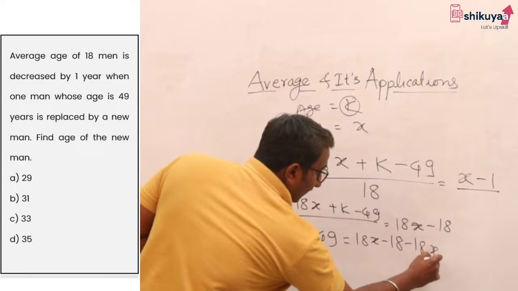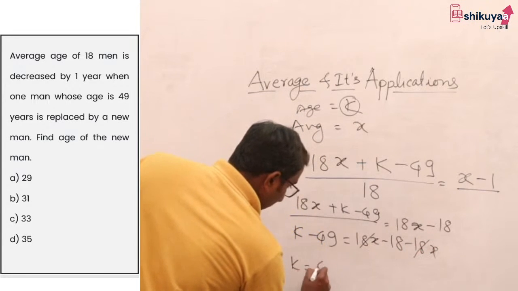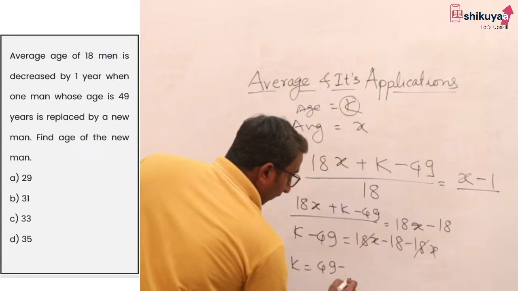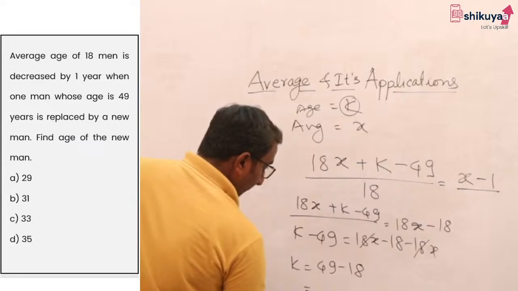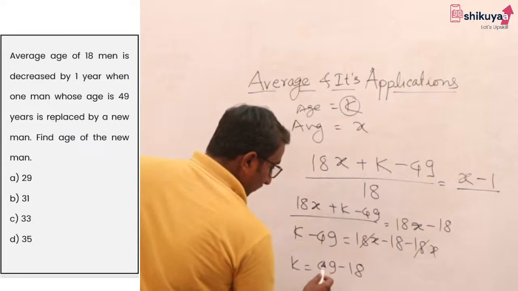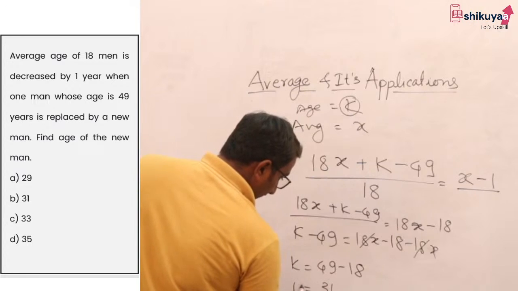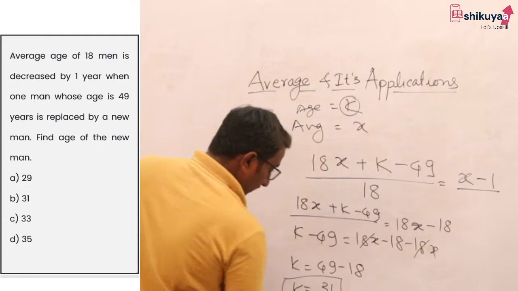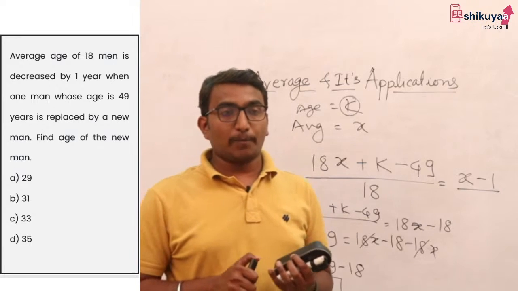Minus 18x and plus 18x get cancelled. So k is equal to 49 minus 18. So what is the value of k? That is 31. So this is the age of the new man, which is given in option D.